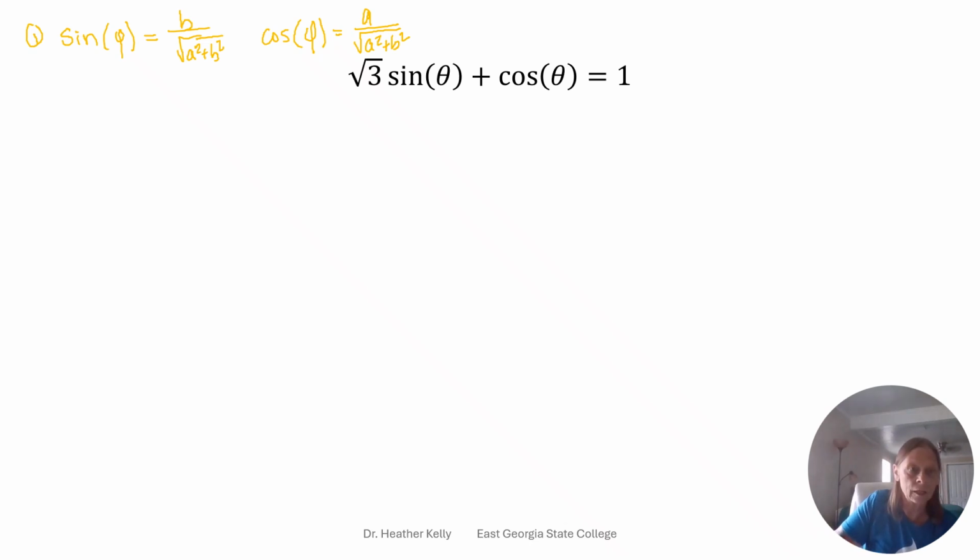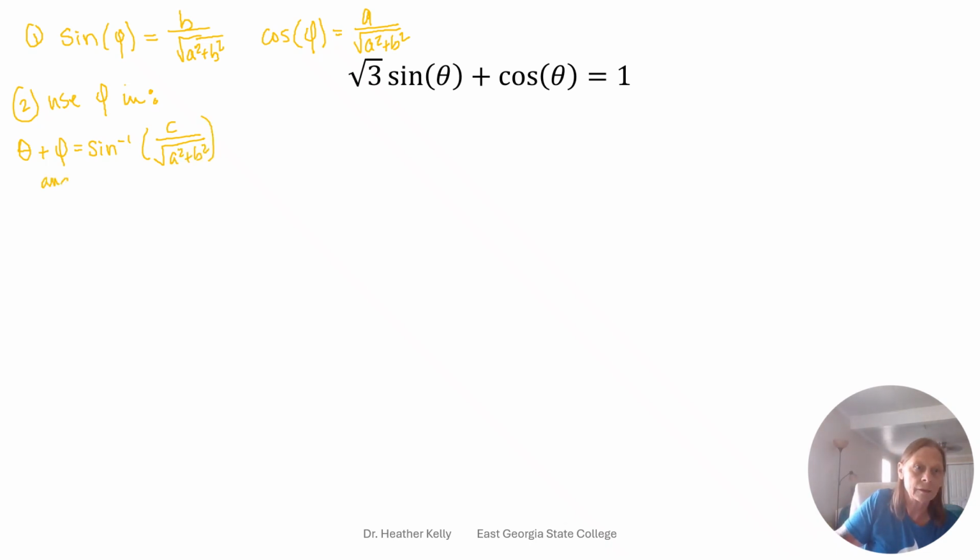All right, and then the second thing we do is we take that angle, we use the phi in this scenario. Theta plus phi is equal to arc sine of c over the square root of a squared plus b squared.